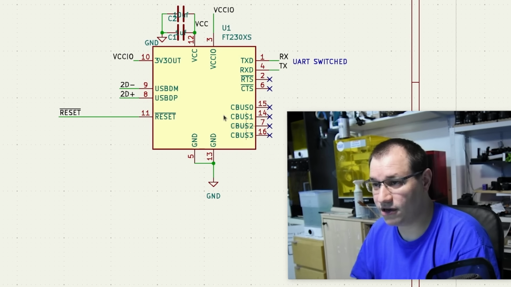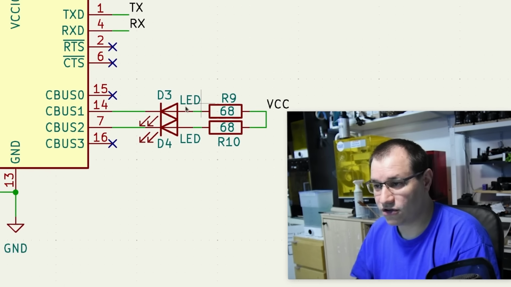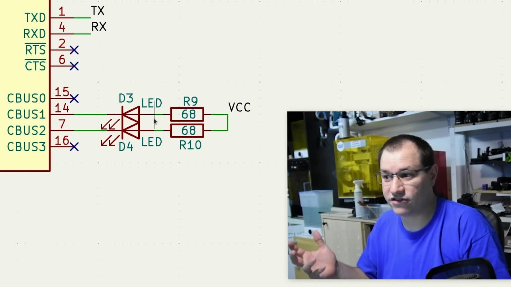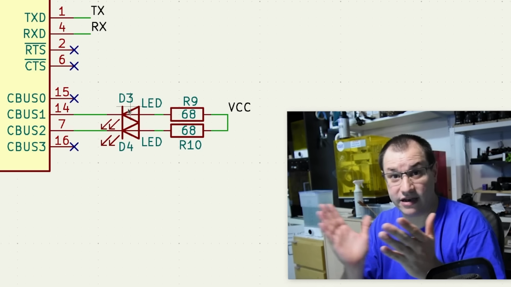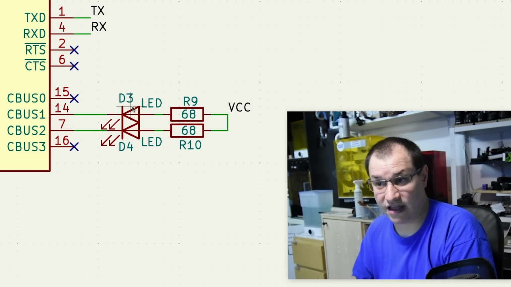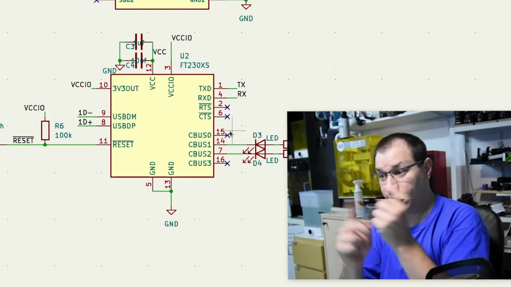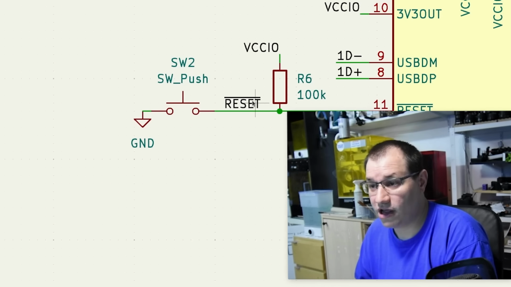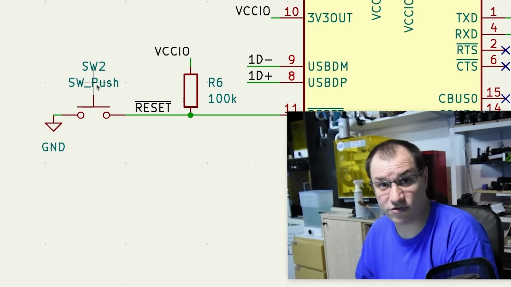So here's the other one, but we only use 2 LEDs because basically they are wired together. So one lights up when one sends, the other one when the other thing sends. So if you get a 2-way communication, both of them light up, nothing more. Important, we have a single reset switch for both.